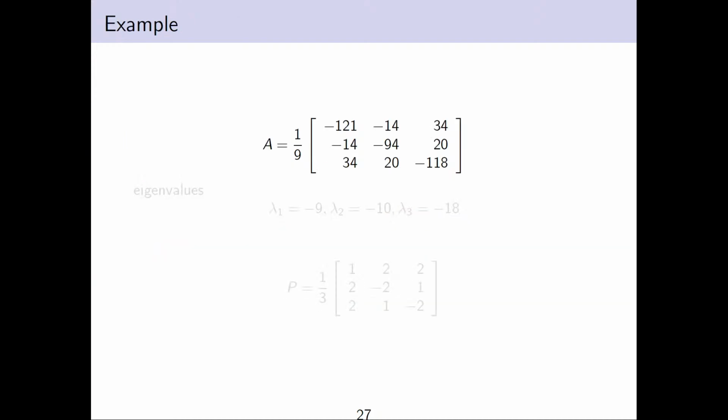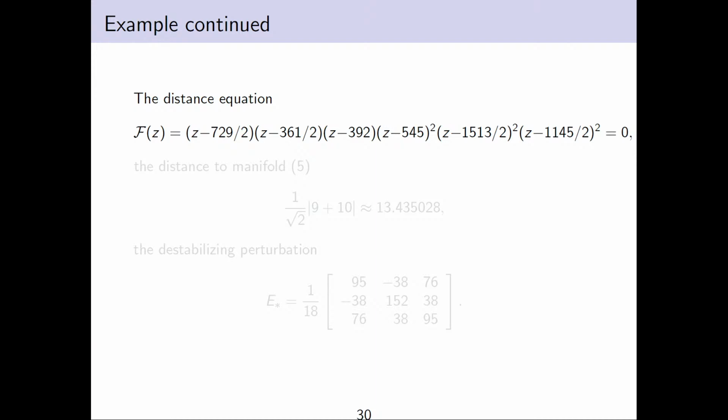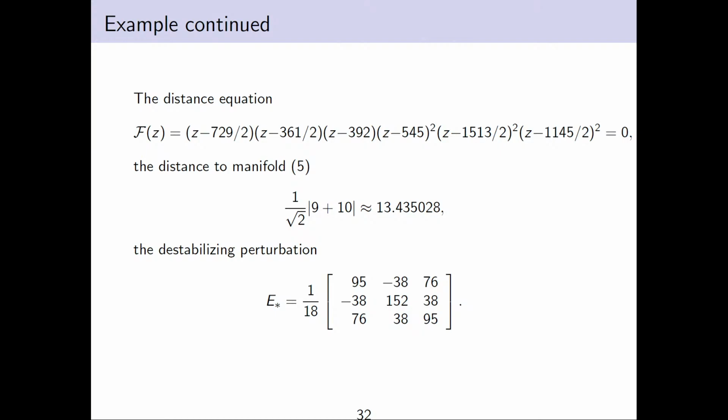And here is one example. This is the symmetric matrix, its eigenvalues, matrix P of the new orthonormal basis. This is the distance equation, and here is the distance to the manifold of matrices with a pair of eigenvalues of opposite signs. And here is the destabilizing perturbation.